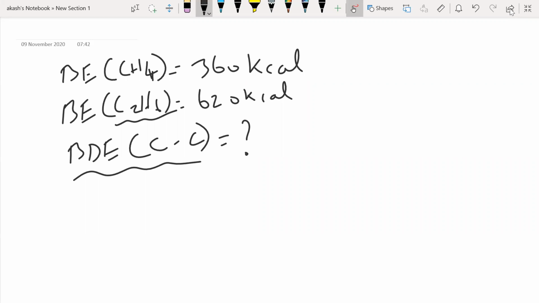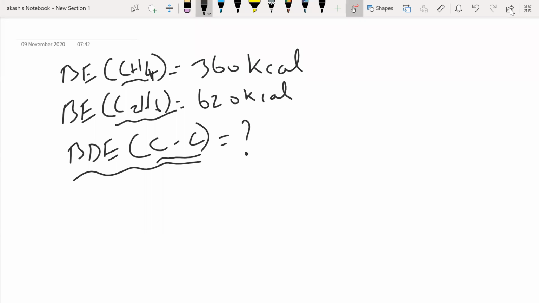In CH4, I don't have a CC bond, isn't it? So for bond enthalpy, you're talking in terms of the whole compound. Obviously, it is enthalpy of atomization. You have to convert the entire molecule into atoms, right? But bond dissociation energy will be in terms of one particular type of bond, say CC bond or CH bond or OH bond, something like that, right?